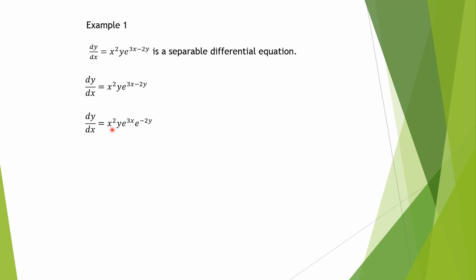These can be expressed already as functions of x and y. You see that x squared e to the 3x can be combined, and then y squared e to the negative 2y is combined, and therefore this differential equation is variable separable.